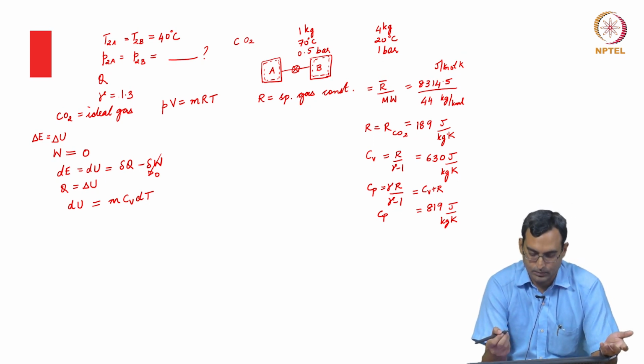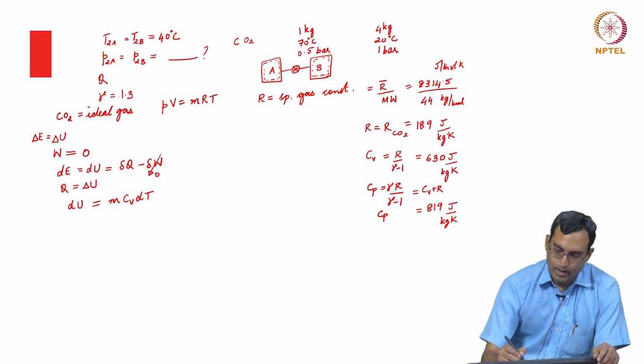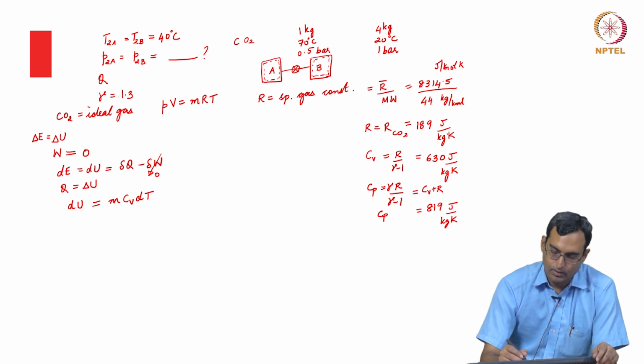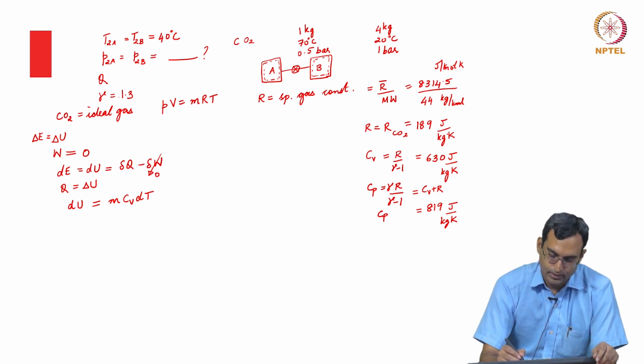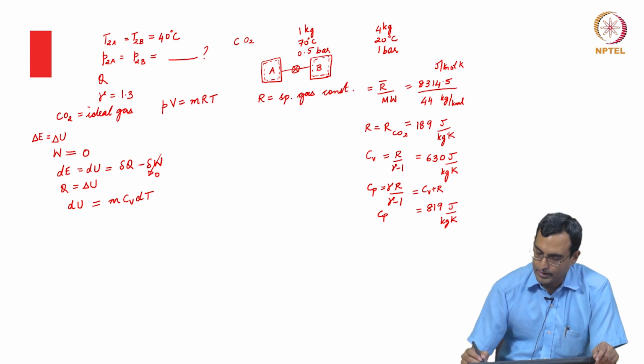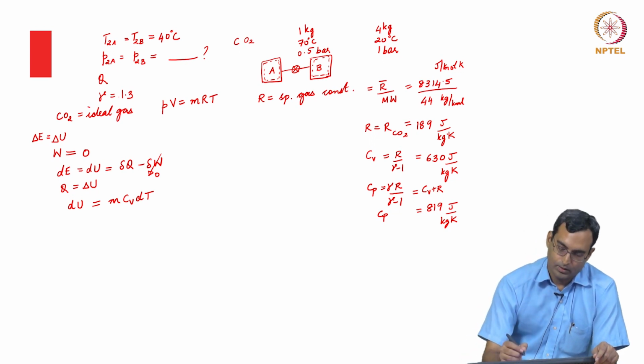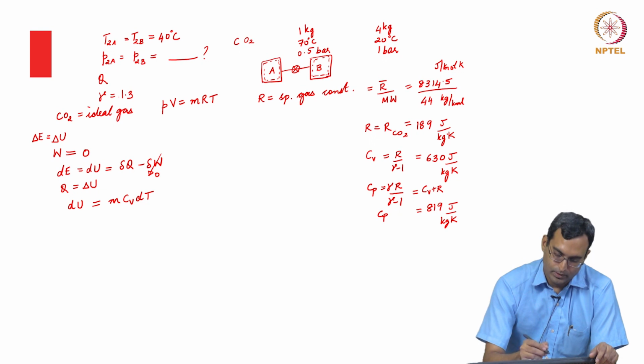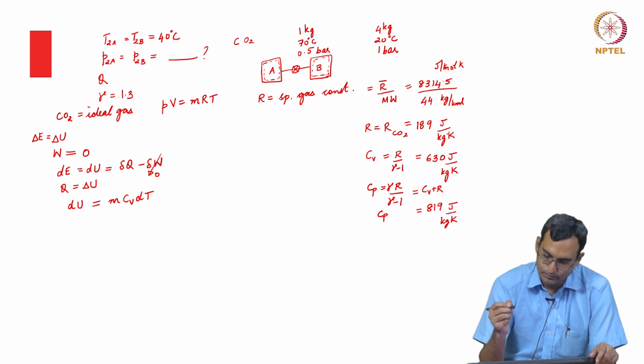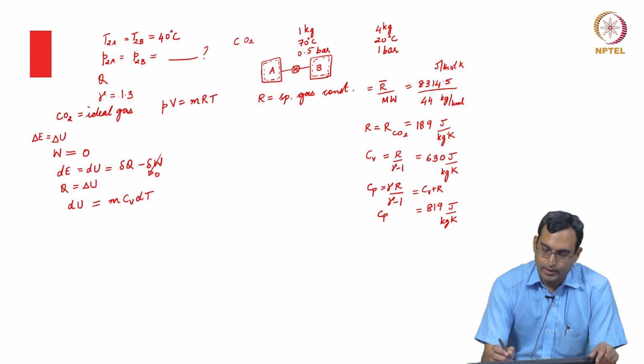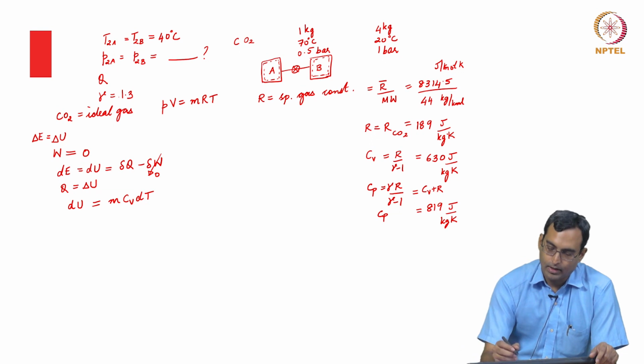I know the mass of gas in A, I know the specific heat at constant volume, I also know the initial temperature, which is 70 degrees centigrade. For the gas in B, I know the mass, I know Cv, it is the same as here. I also know the initial temperature, which is here.